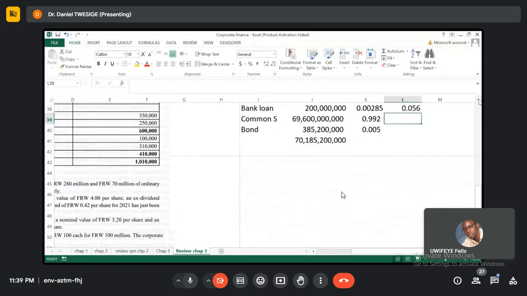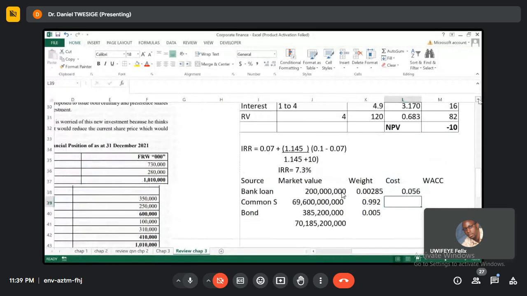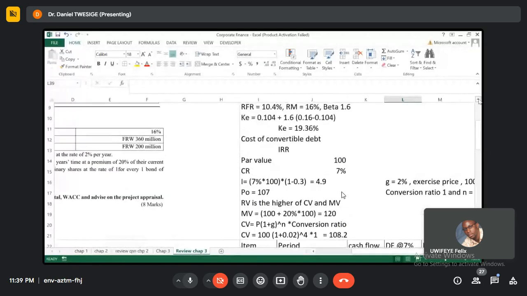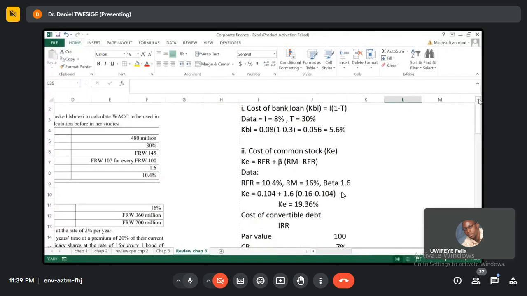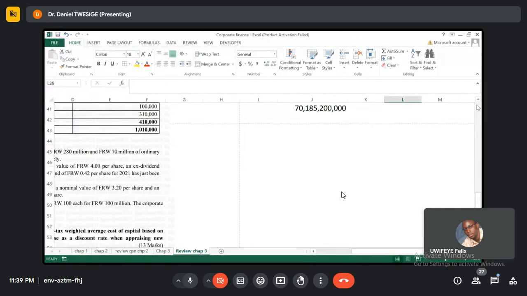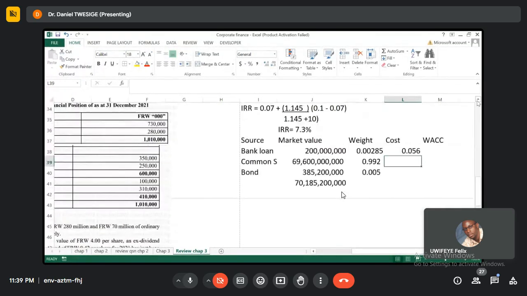Common stock, we got what, members? 0.0936.